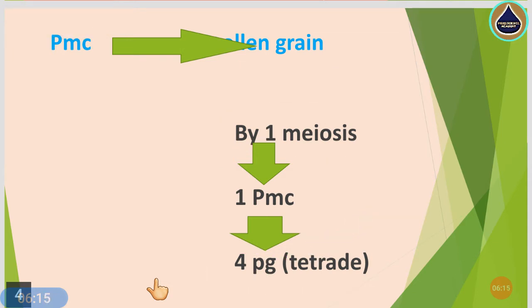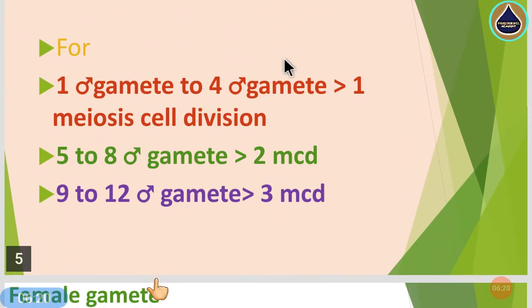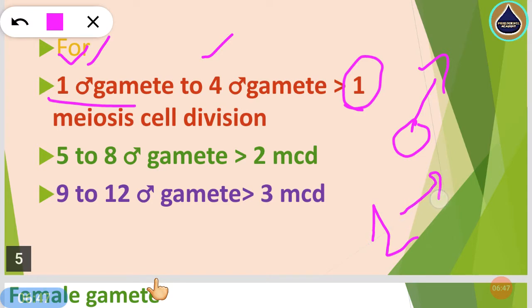So it is now clear that for one male gamete, this is the sign of maleness, male is indicated by this sign in the science faculty, for 4 male gametes only one cell division is needed. It means one meiotic cell division gives 4 pollen grains, and each pollen grain converts into one male gamete.